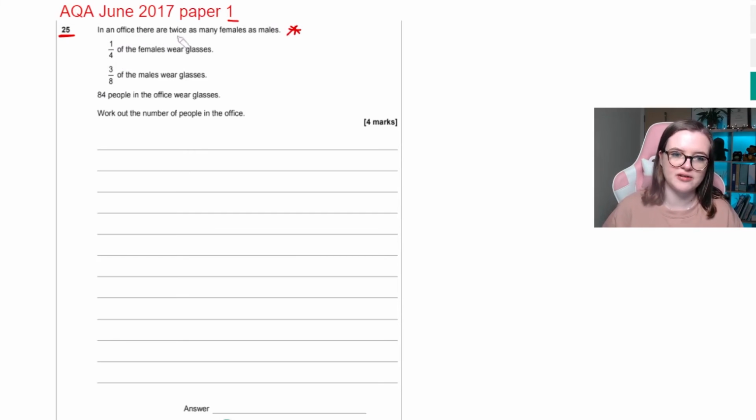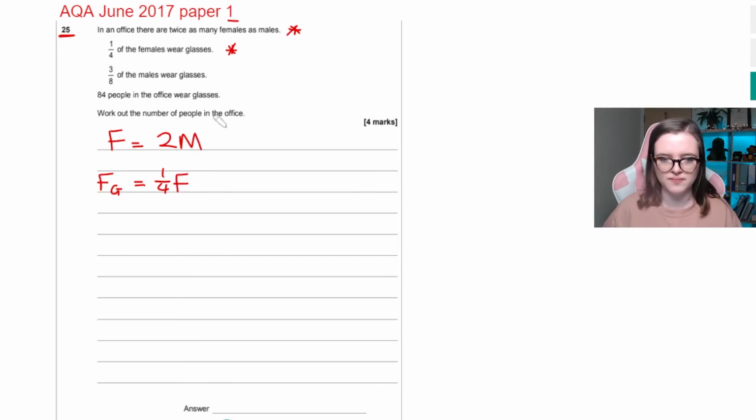So in an office there are twice as many females as males, so F is going to be 2 times the number of men, because it's going to be double as many essentially. Then a quarter of all the females wear glasses, so the females who wear glasses is going to be a quarter of the total number of females.